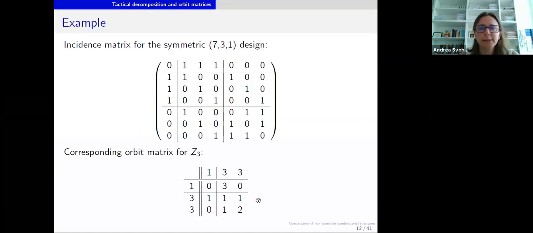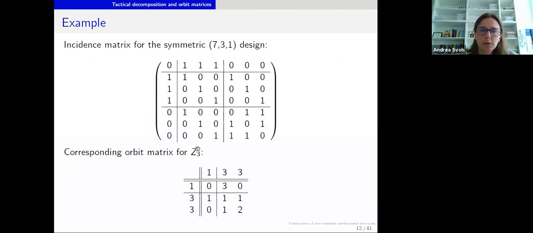It is the easiest way to see it on an example. So if you take an incidence matrix for the symmetric (7,3,1) design, so this is an incidence matrix of this design.